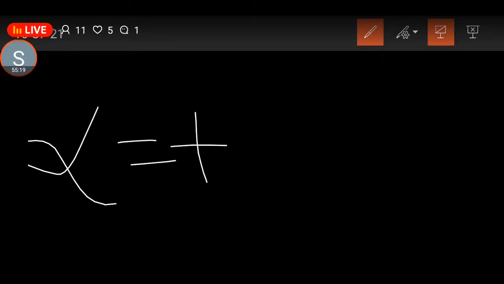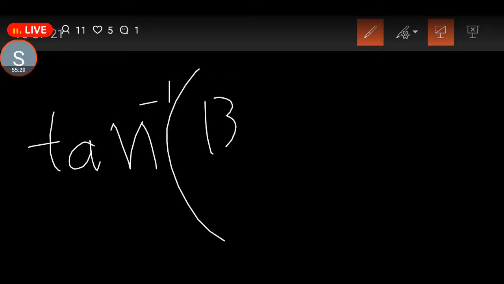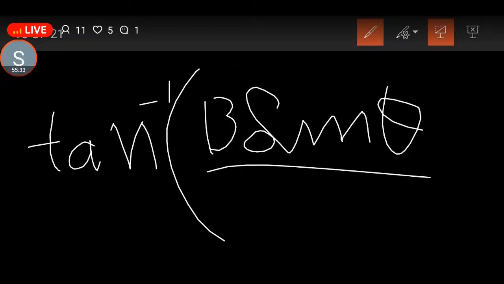And simply remember this formula: alpha is equal to tan inverse of B sin theta by A plus B cos theta.